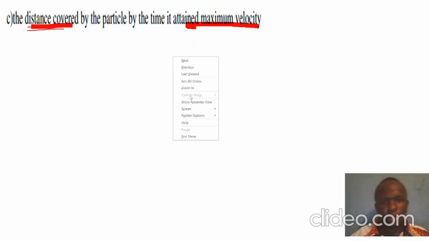Remember that the motion started at the initial stage, when time was 0, and the maximum velocity was attained when time was 3 seconds.